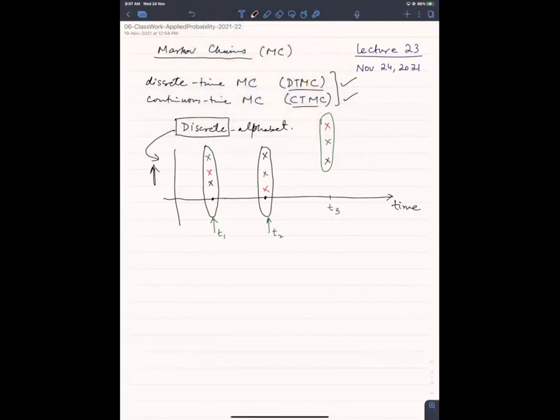So if your random experiment resulted in a red outcome, at t equal to t1 the random process will take this red value. At t equal to t2, the same random process will take this value. At t equal to t3, the same random process will take this value, whatever is reflected on the vertical axis.